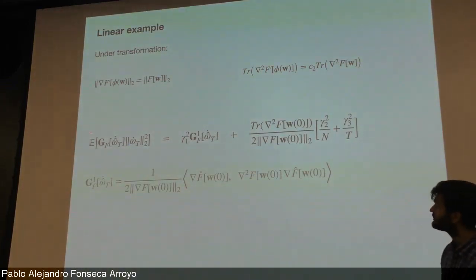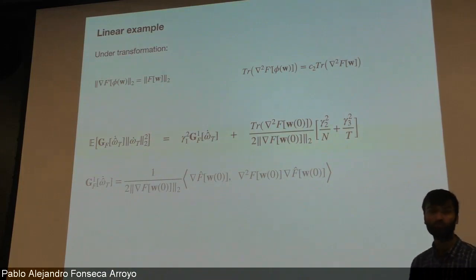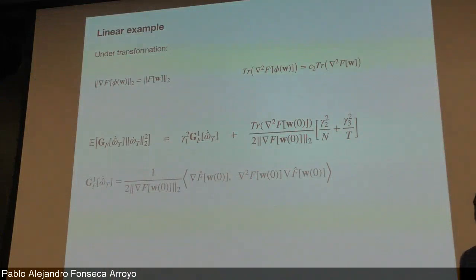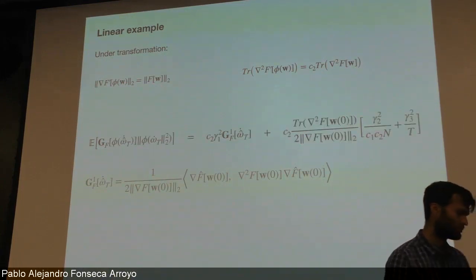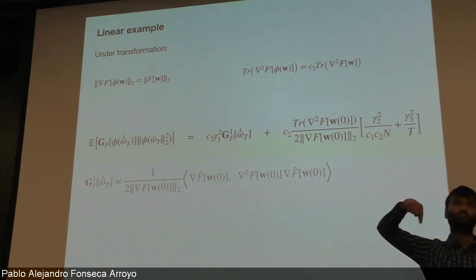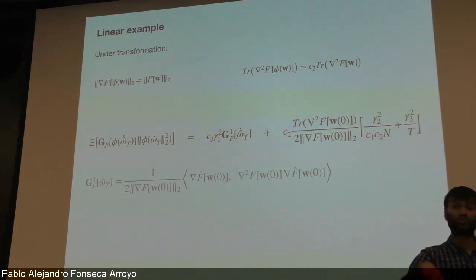So the expected value of the local task difficulty is going to be, well, this is exactly what we had before. And we can put in these changes and see how the expected value of the local task difficulty changes. And this guy is going to get an extra C2. If you remember, this G1 was how much curvature there was in the direction of the gradient.